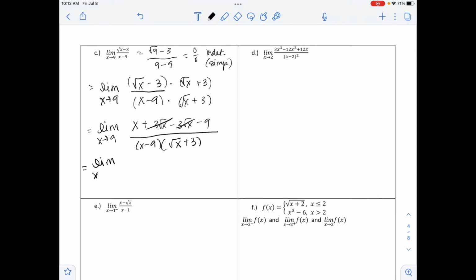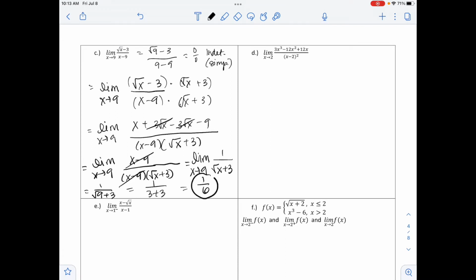So we have the limit as x approaches 9 of x minus 9 over x minus 9 times rad x plus 3. And those factors of x minus 9 would reduce. And we have the limit as x approaches 9 of 1 over the square root of x plus 3. So from here, I'm going to go ahead and use direct substitution and substitute in 9 for x. So we have 1 over the square root of 9 plus 3, or 1 over 3 plus 3, or 1 over 6, which is the numerical answer that we would have for this problem.